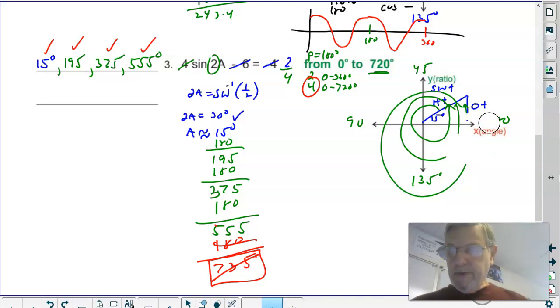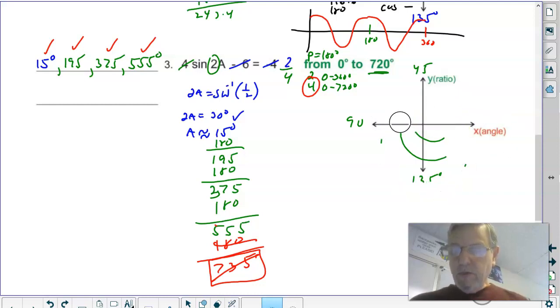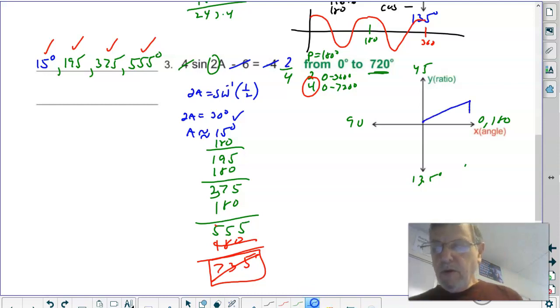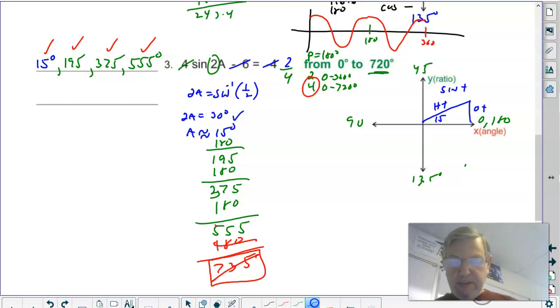All right, I need to clear this to show you the next one. So it's still 135. This is still 0 and 180. Okay, so now I need the coterminal angle. So again, here we were at 15. The opposite was positive. The hypotenuse was positive. The sine was positive. Where else is the sine positive?